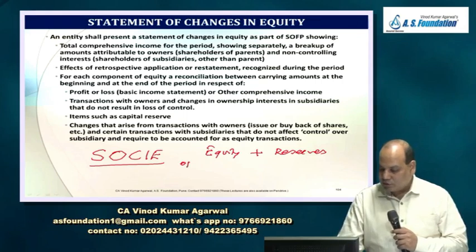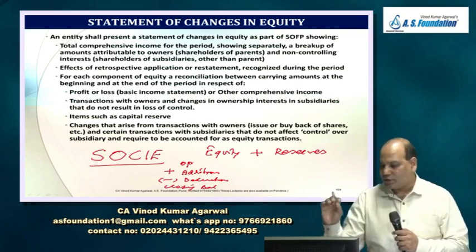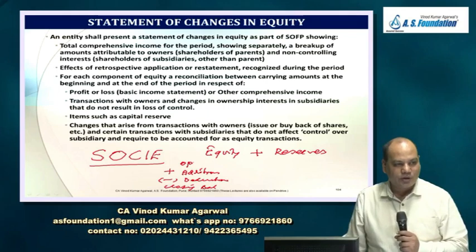And again, what is this item? It is basically the movement from opening to closing. Opening, any addition, any deduction, and closing balance. So this is, in a nutshell, what SOCIE is.